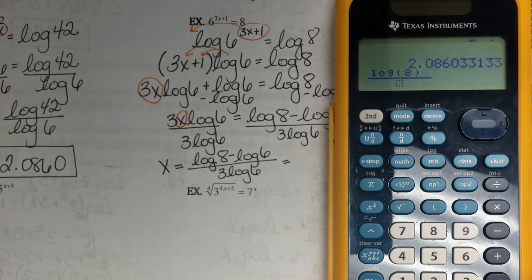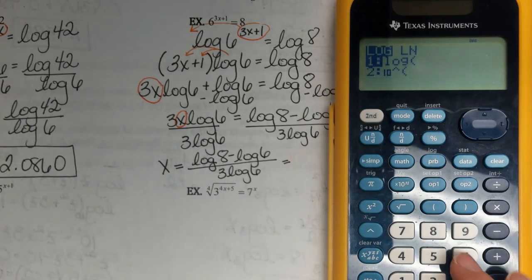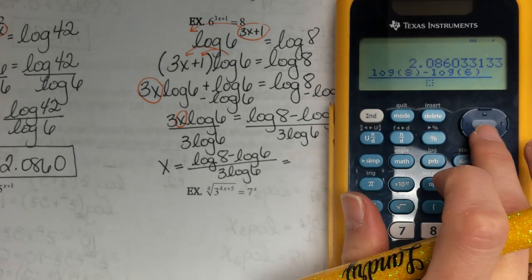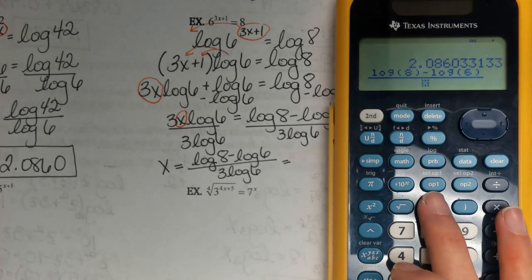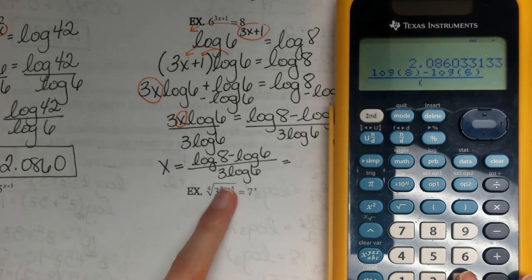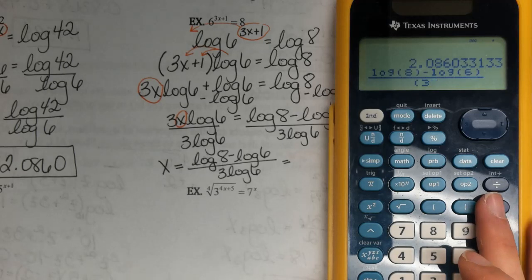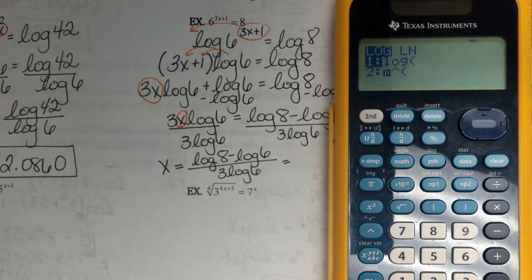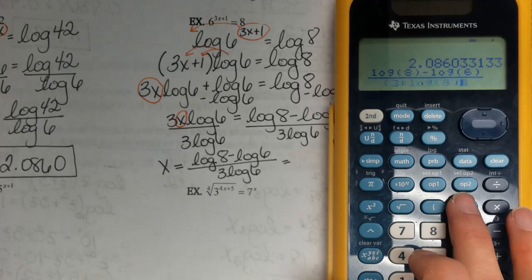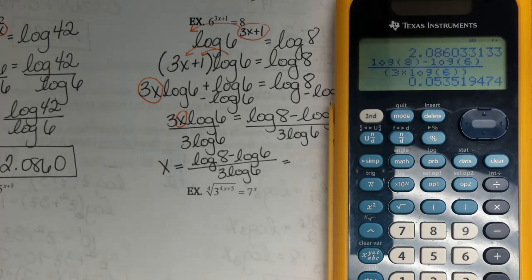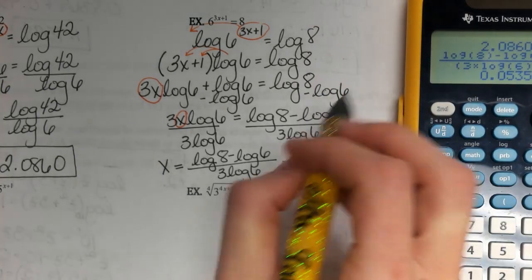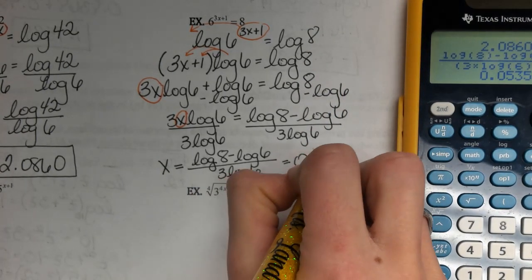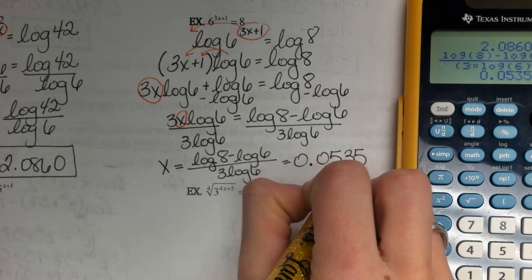So you type that in your calculator. Anytime I have more than one thing in my denominator, I put it in parentheses just to be safe. So I'm going to have 3 times my log of 6. If I round to 4 decimal places, that's going to be 0.0535.